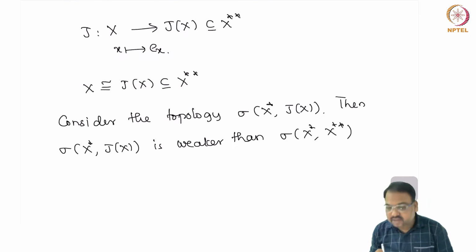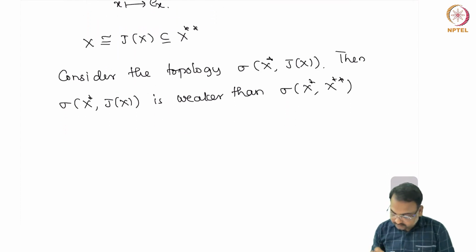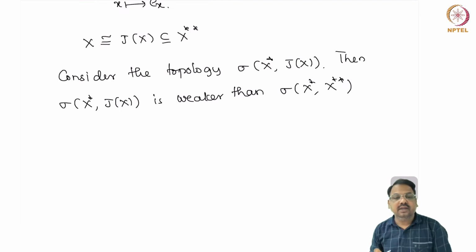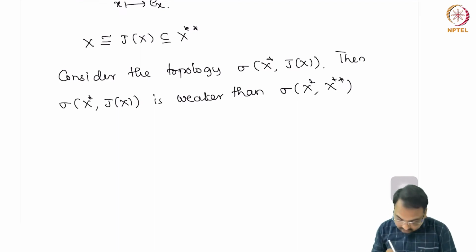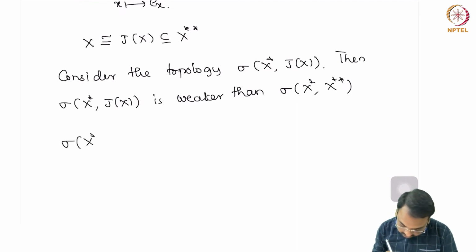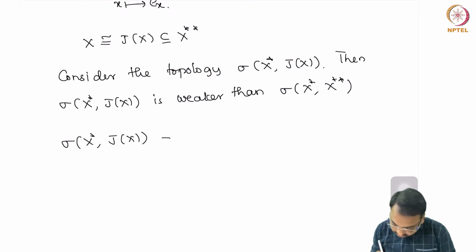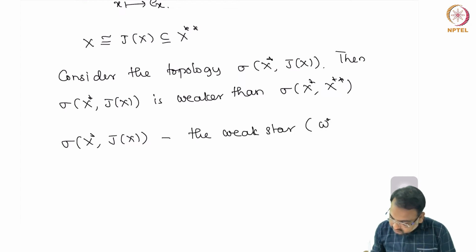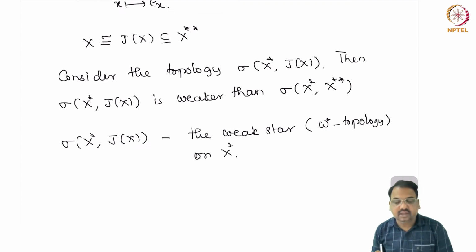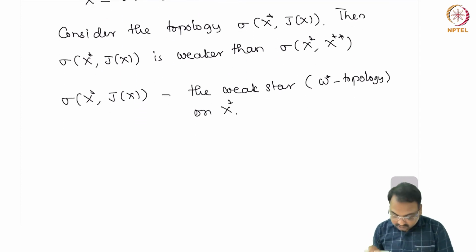That means it is weaker than the weak topology on X star generated by X double star. So this topology is called the weak star topology on X star. So sigma(X star, J(X)) is the weak star topology, or weak star topology, on X star. It is generated by J of X.